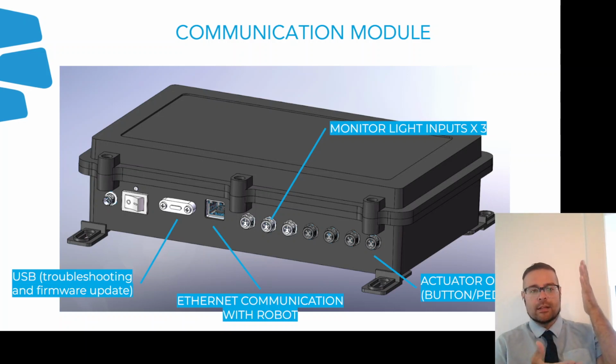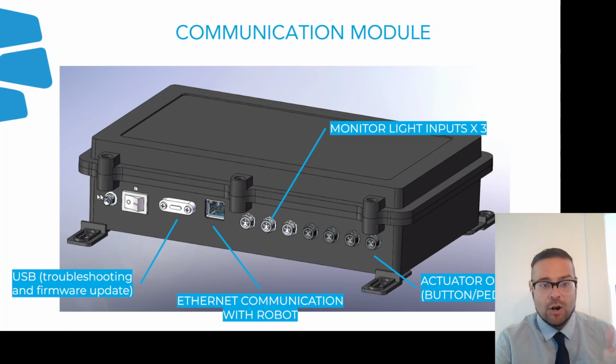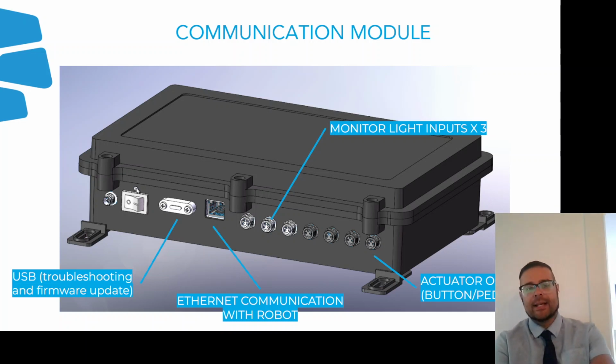Okay, we see that at the far left, this is the power in. So it's going to have a power cable, then the power switch and LED that tells if it's on or off. This is the USB port. This is mostly for troubleshooting or firmware updates. You don't need to use this on a daily basis.